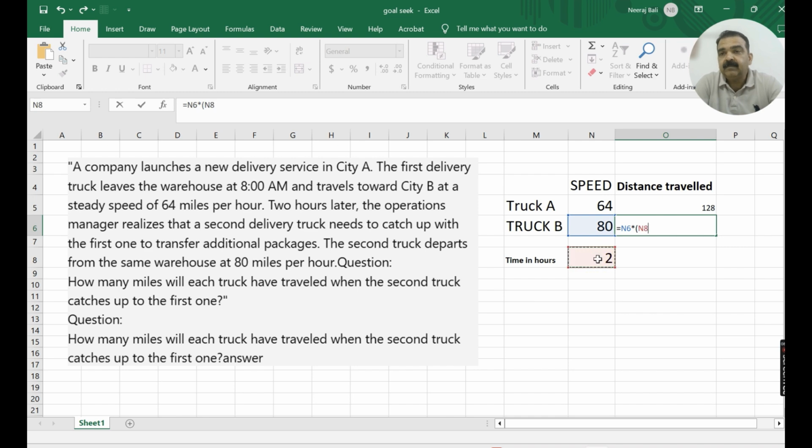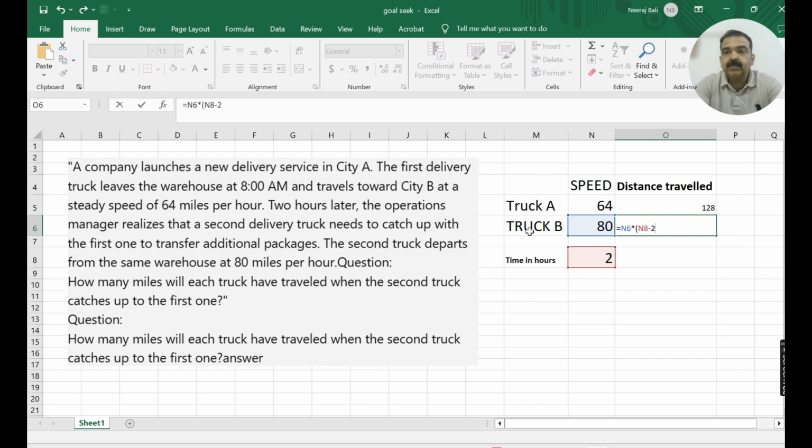This is the time. But again it says truck B departs from the location after 2 hours. So what is the time for truck B right now? It has not started.